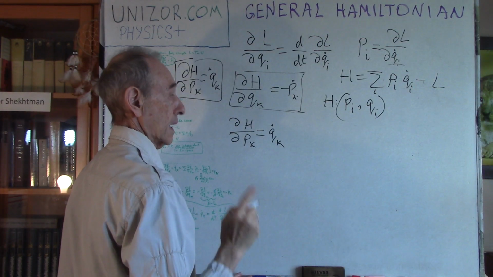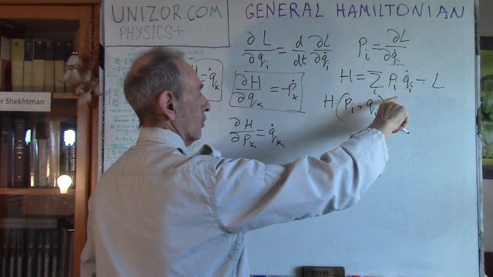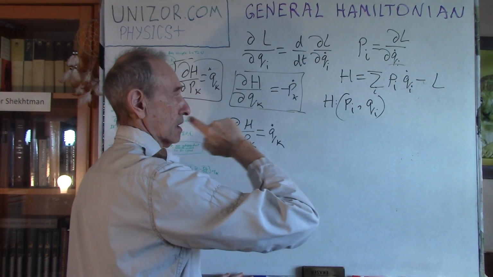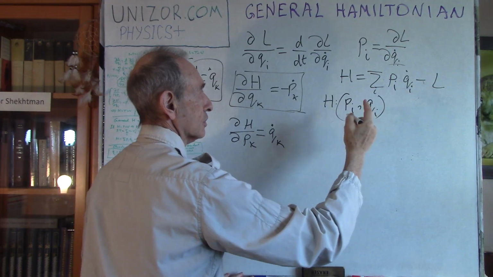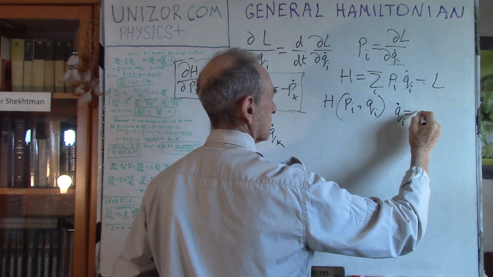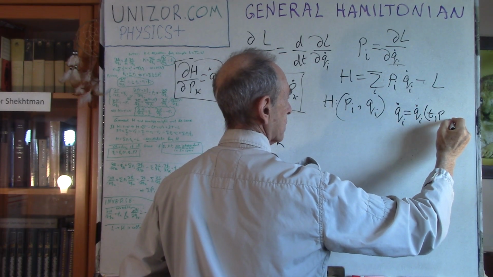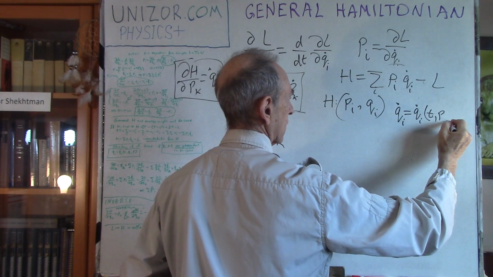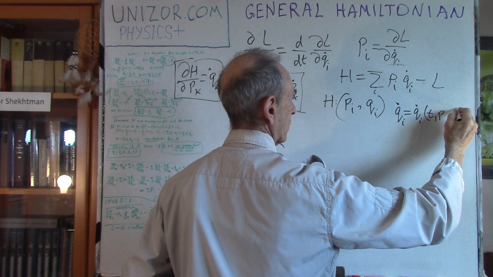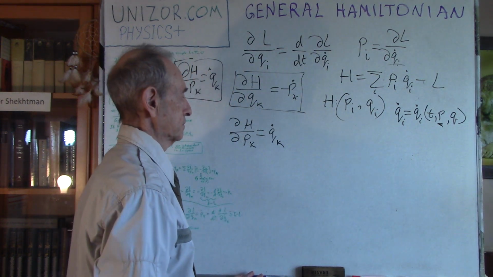Now, all members of this summation have qi, and qi, as I was saying, with the dot, is a function of t, all the p's, p1, p2, pn, and all the q. So there is a dependency on this as well.